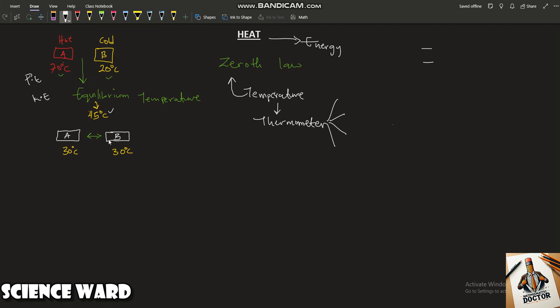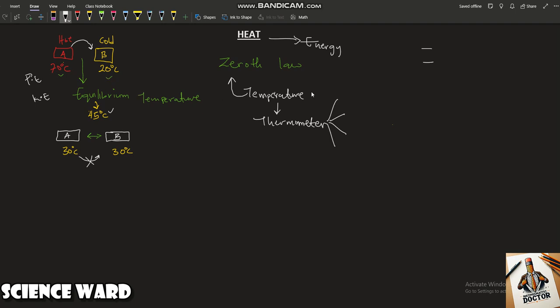For instance, if I measure the temperature of A and B, and the temperature is the same, of course I know that the energy will not flow. But if I measure the temperature between A and B, and the temperatures are different, this is 70 and this is 20 degrees, of course energy flows.